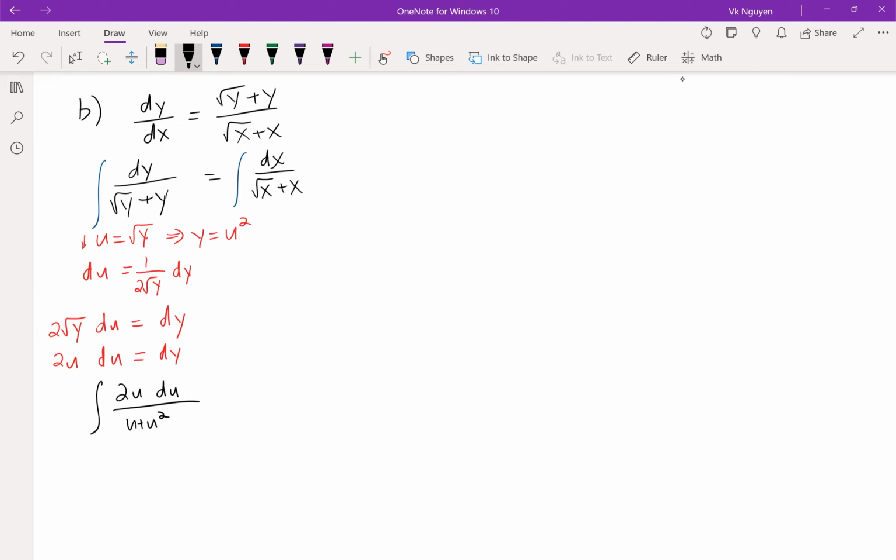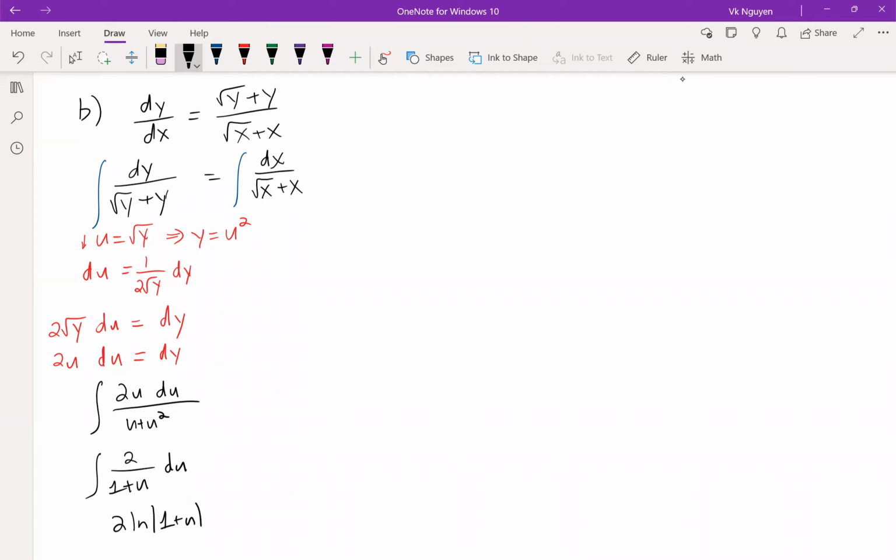So that would give us the integral of 2 over 1 plus u du. The integral of this is 2 ln absolute value of 1 plus u. We don't need to do the plus c1 because when we move to the other side, it's going to be another constant.